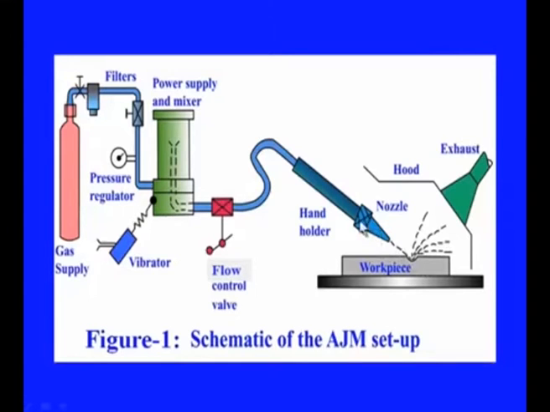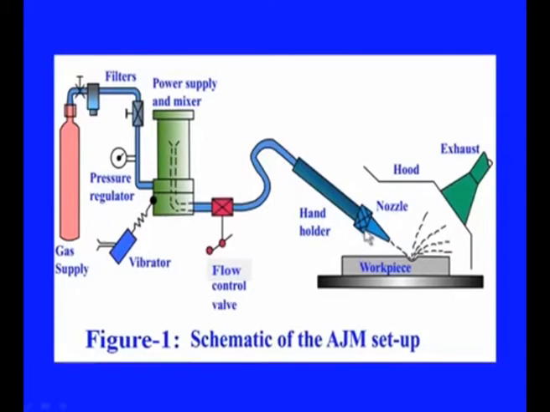As I told earlier, the angle at which this is striking the workpiece is very important. In this particular configuration, the angle is around 45 to 50 degrees with the workpiece surface, but not necessarily. It can be 90 degrees as well, or 60 degrees or something like that.